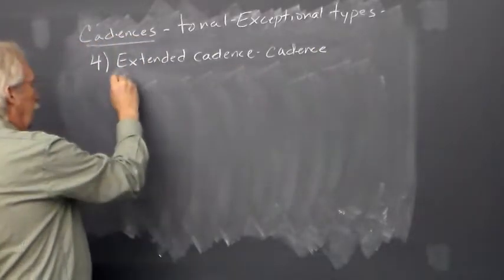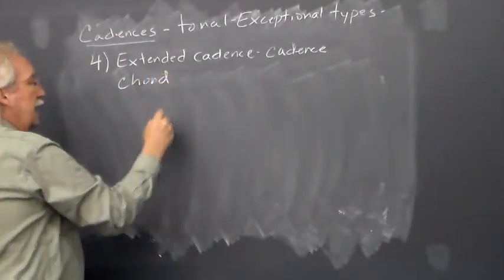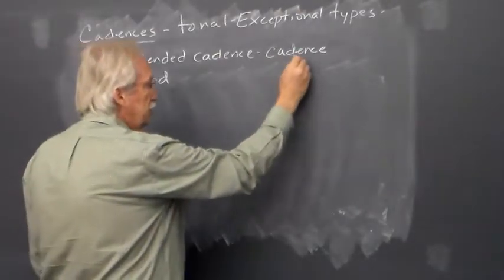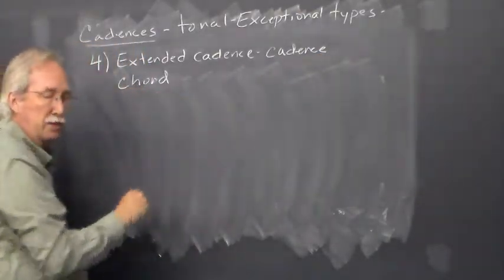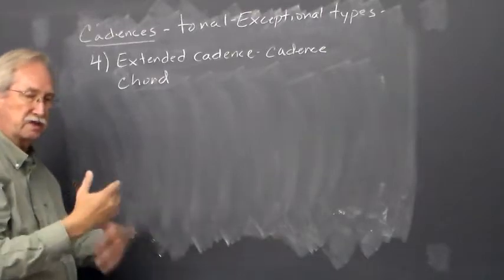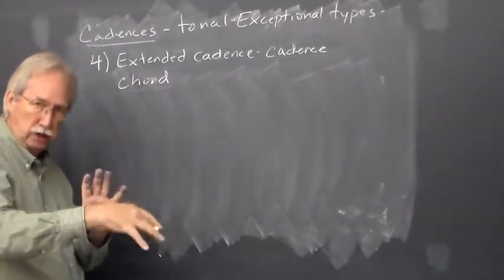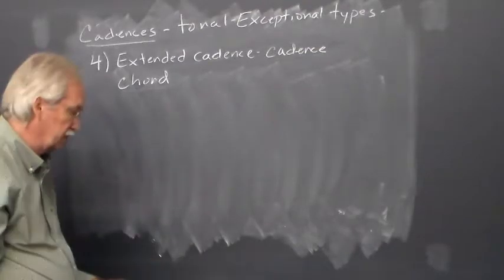And I just might mention, in giving the definitions of these on this quiz, be sure that you use the term cadence chord, because these so much have to do with characteristics that occur at the point the cadence chord sounds.